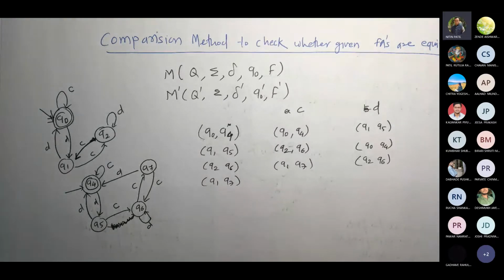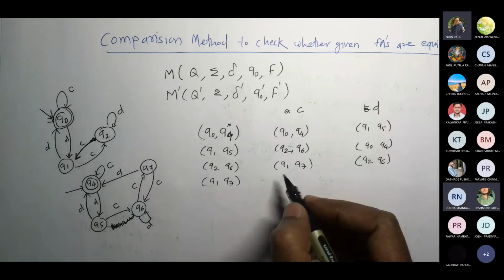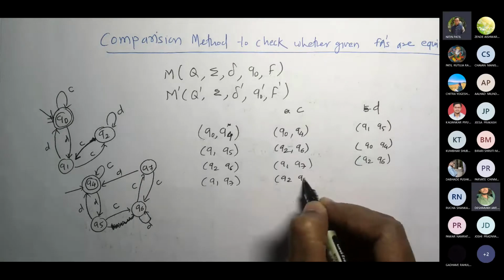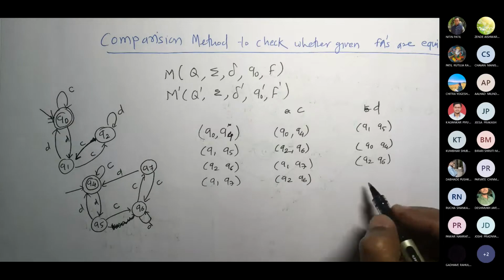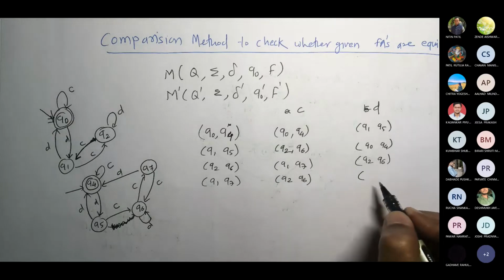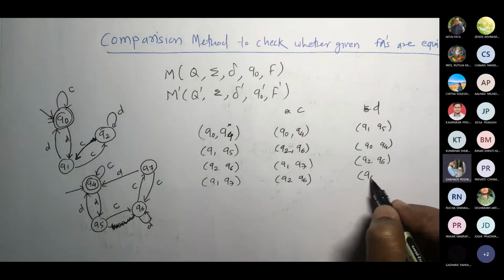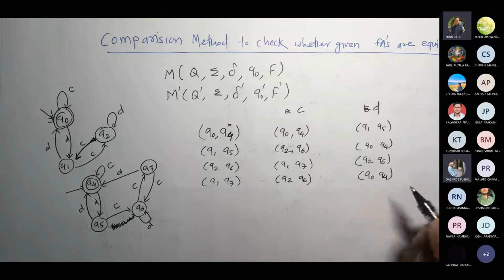Q1C, Q7C. Check carefully. Q1C is Q2, Q7C is Q6. Very good. Q2, Q6. Q1D, Q7D gives Q0, Q4. Is there any new entry?